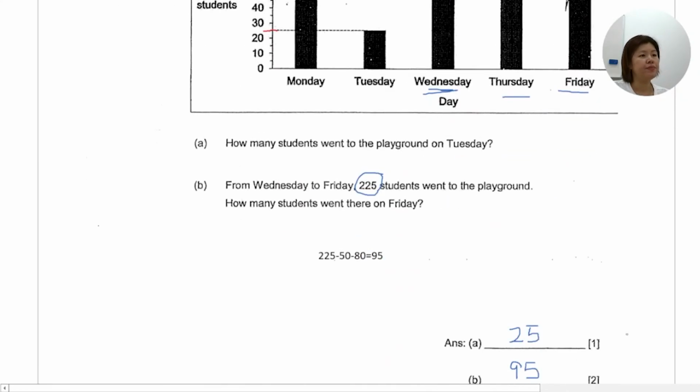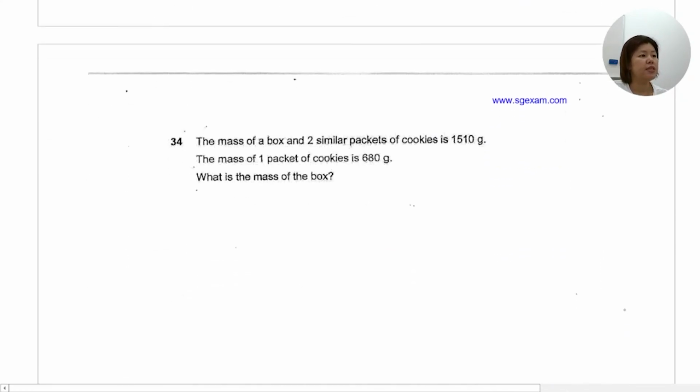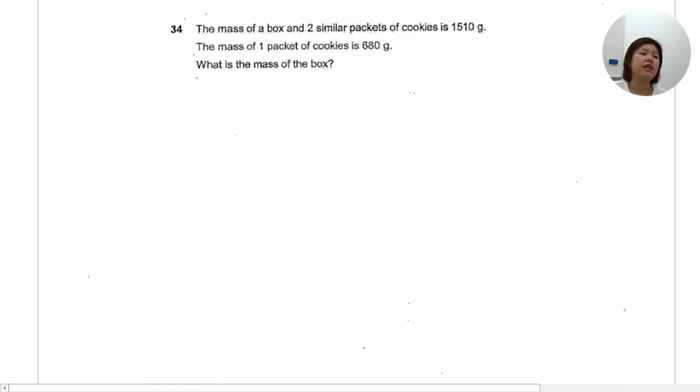Okay, next. The mass of a box and 2 packets of cookies is 1,510. The mass of 1 packet of cookies is 680. Okay, so let's draw a box.